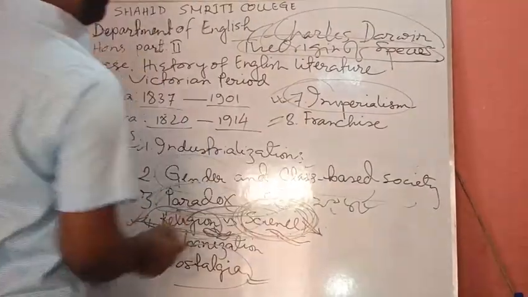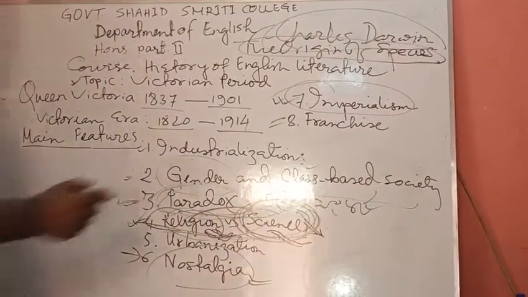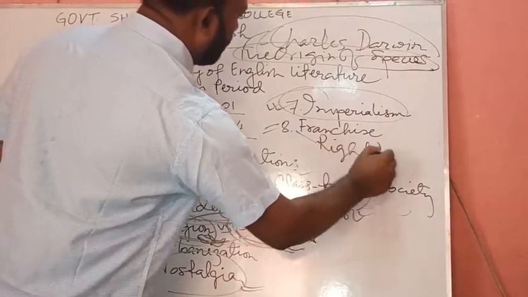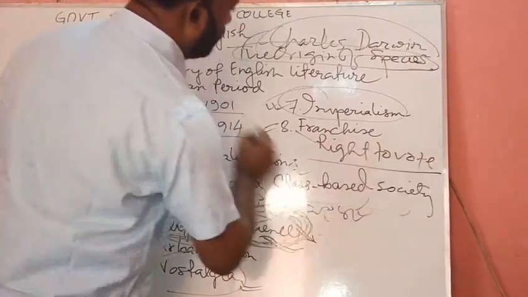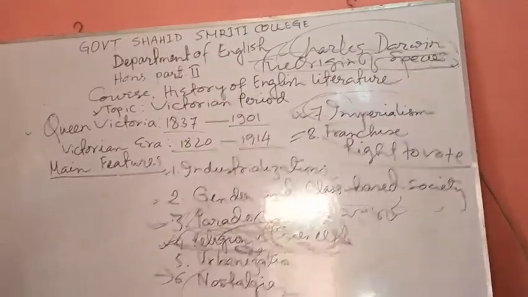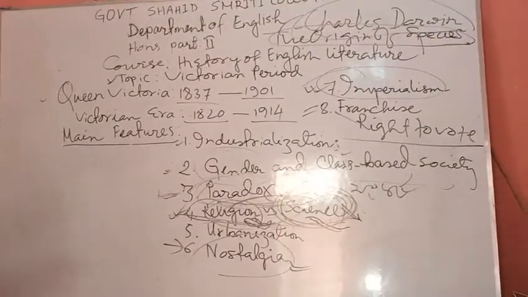And the last point, franchise, that means the right to vote. Working class people, even the middle class people, as well as the women didn't have the right to vote.